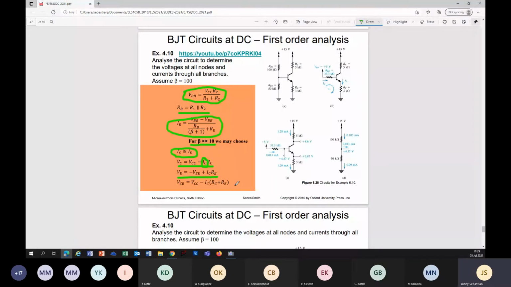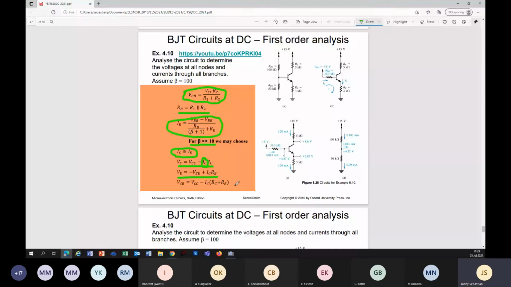RC is 5K, RE is 3K, RB1 or R1 is 100K, RB2 or R2 is 50K. The BJT has a beta of 100. Beta 100 means beta is very much greater than 10. So we are basically going to say IC nearly equal to IE.